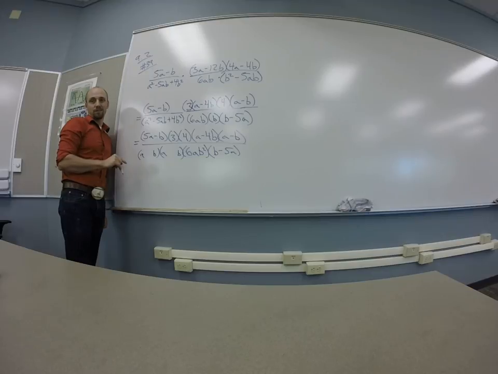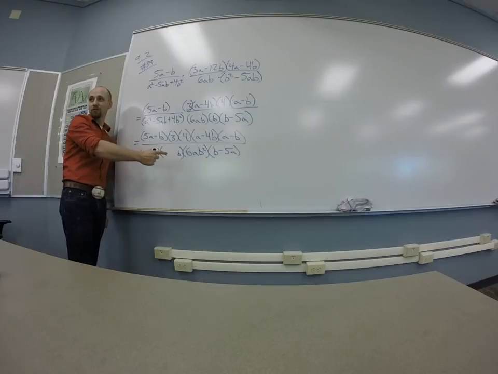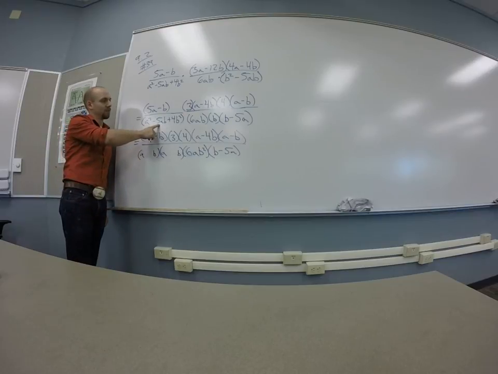I've got to multiply two numbers to get to 4, right? They could be 1 and 4, or 4 and 1, or 2 and 2, right? Or negative 1, negative 4 makes 4.